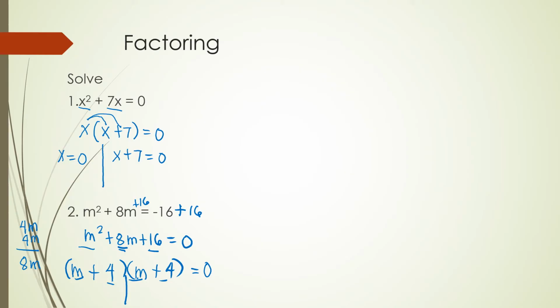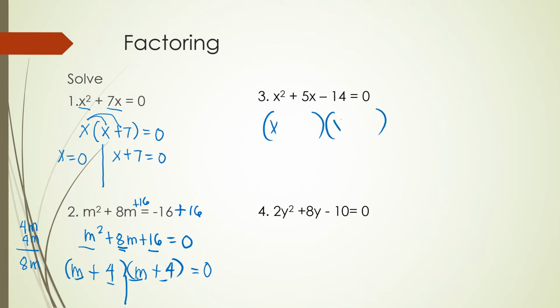Okay? Next, number 3. For number 3, x squared plus 5x minus 14. It was written in standard form. So, isipan nyo lang ng factor si 14. Factors of x squared, you have x and then x. Factors of 14 na gagamitin natin is 7 and 2. Para mapalabas natin si 5x.